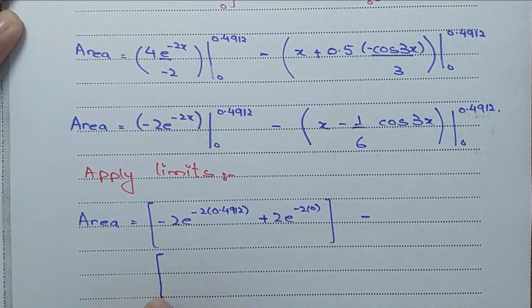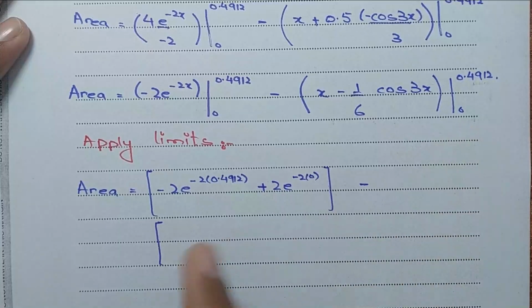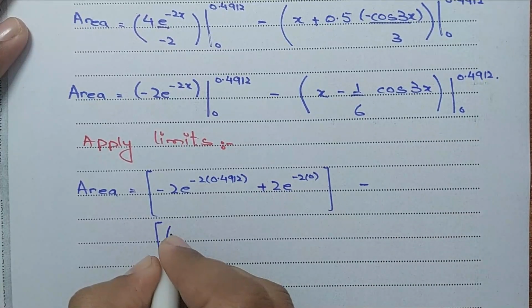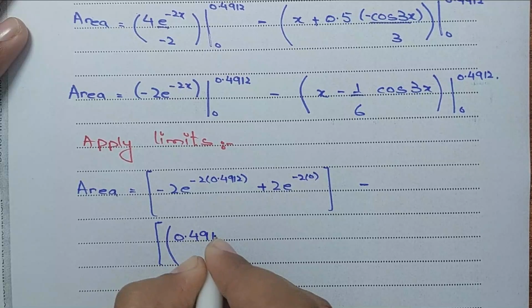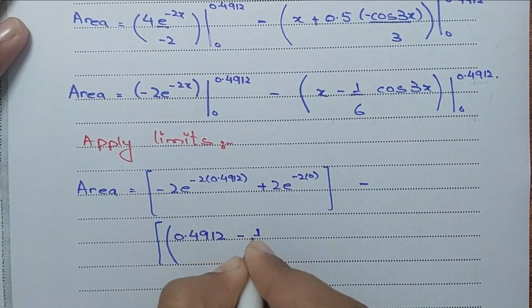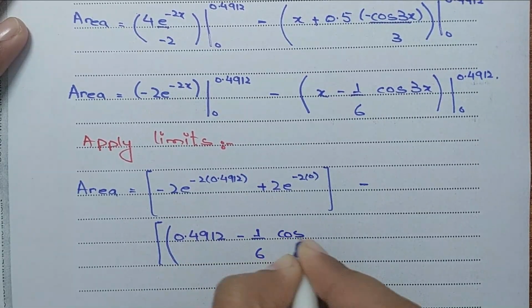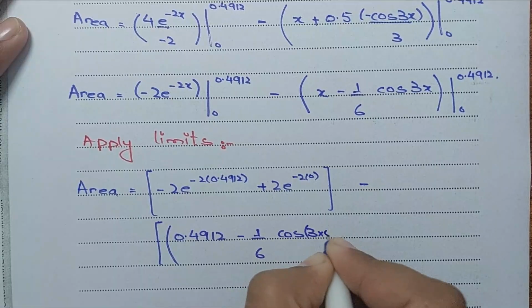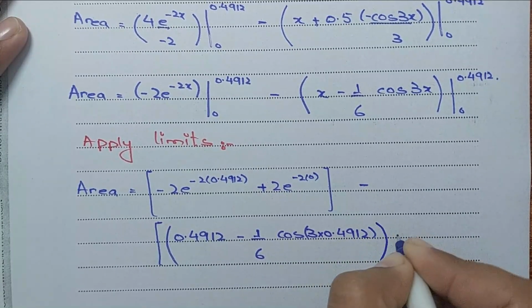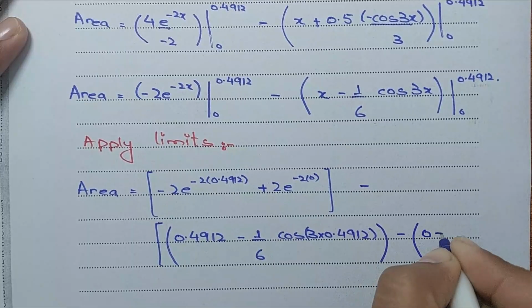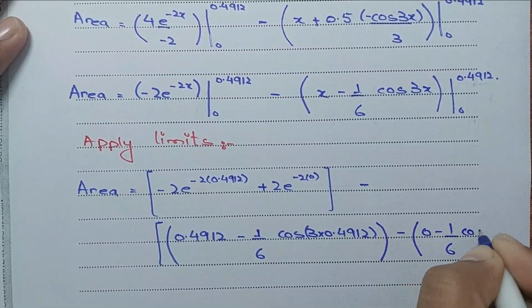Subtract for the second function: the upper limit is 0.4912 minus 1 over 6 cos 3 into 0.4912, minus the lower limit, which is 0 minus 1 over 6 cos 0.